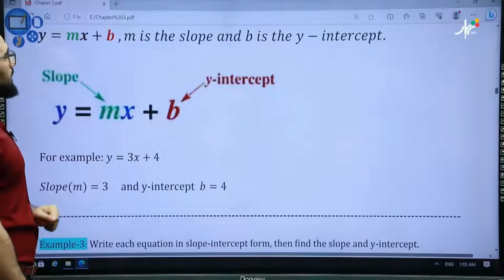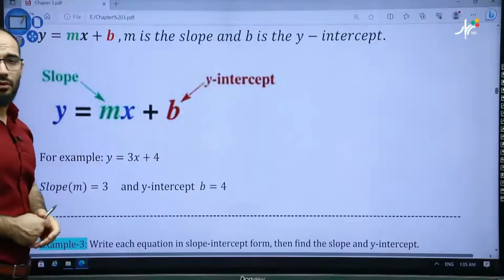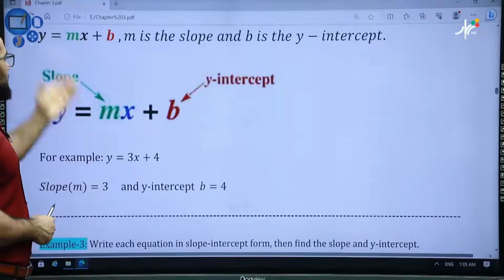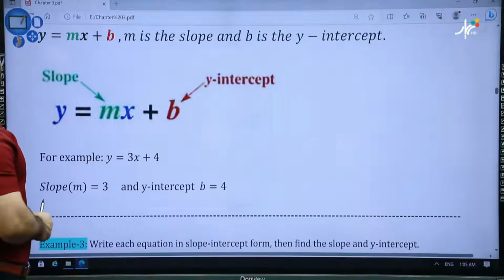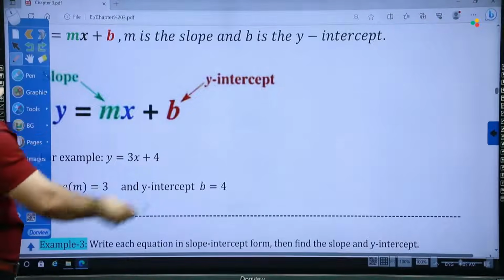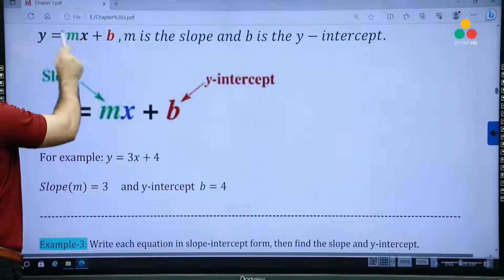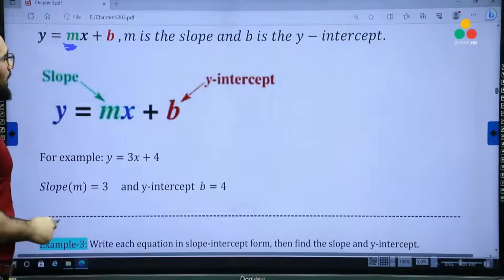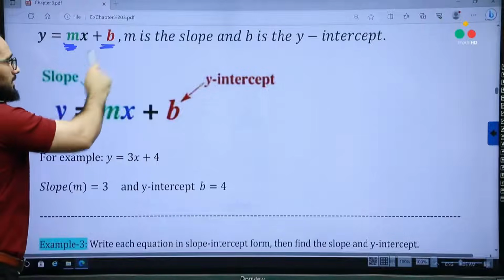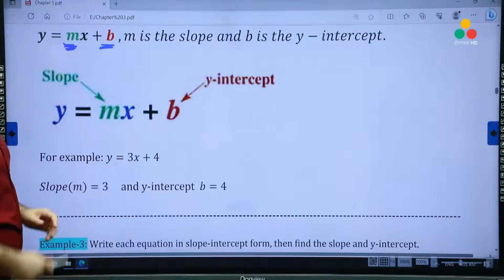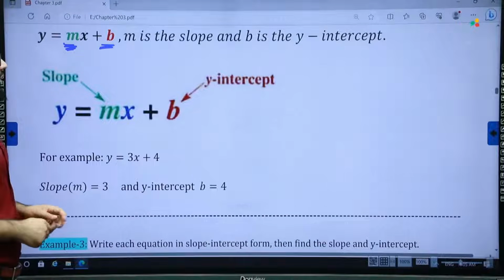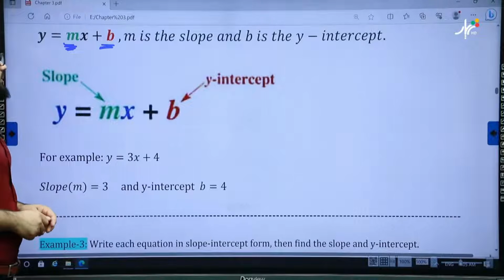So then we have the general form of slope-intercept. We explained that slope-intercept means we have a slope and also we have an intercept. The m is the slope and the b we call the y-intercept.